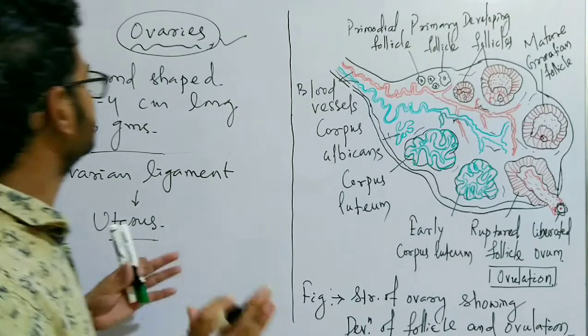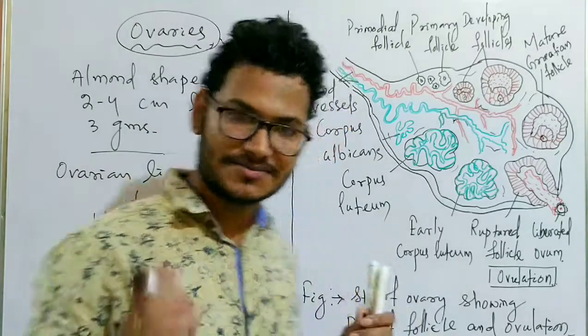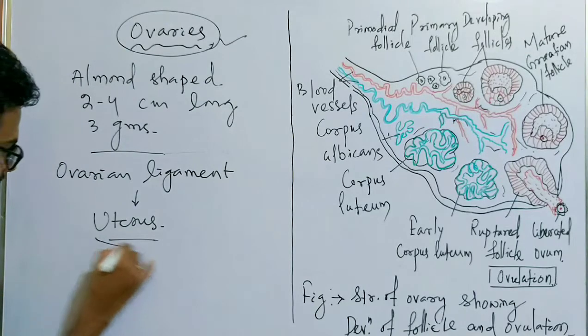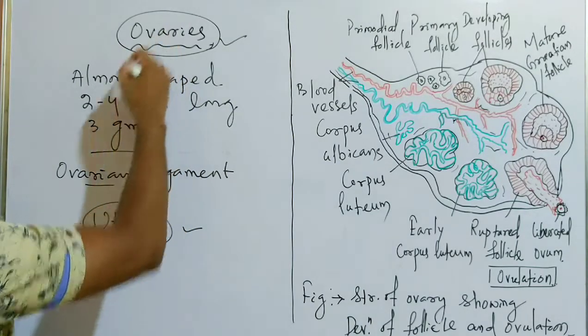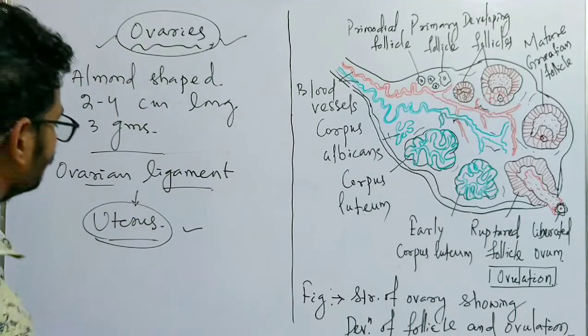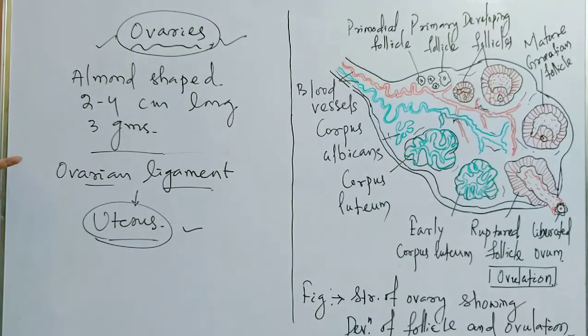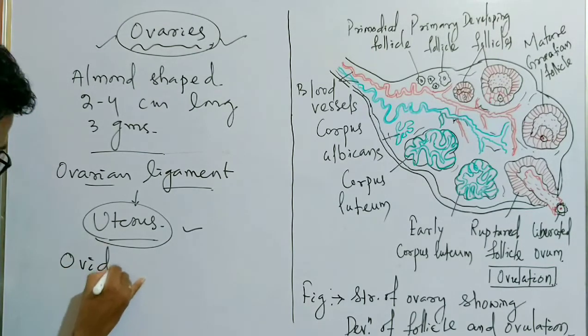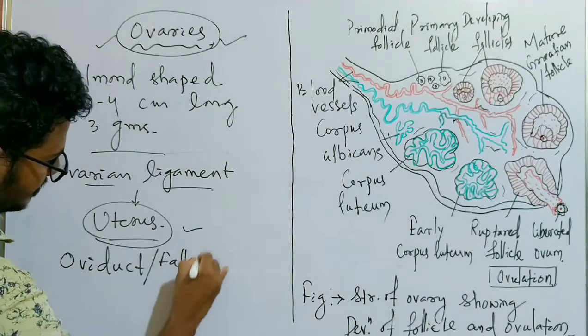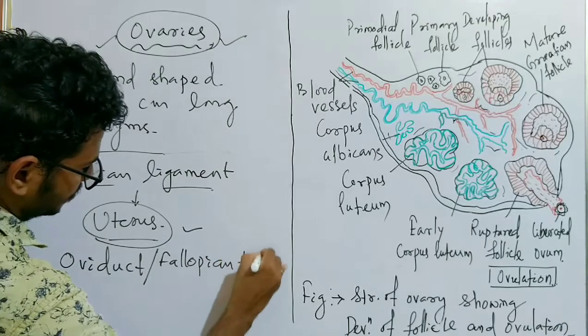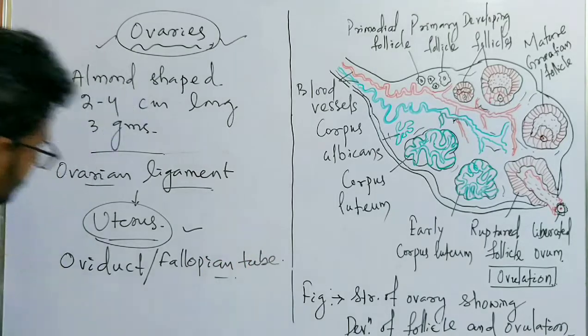We know the basic structure of the female reproductive system, and the uterus is attached to the ovaries with the help of the ovarian ligament, and it is also attached with the help of the oviduct. The oviduct, we know, is also called the fallopian tube. We will discuss these in detail also.